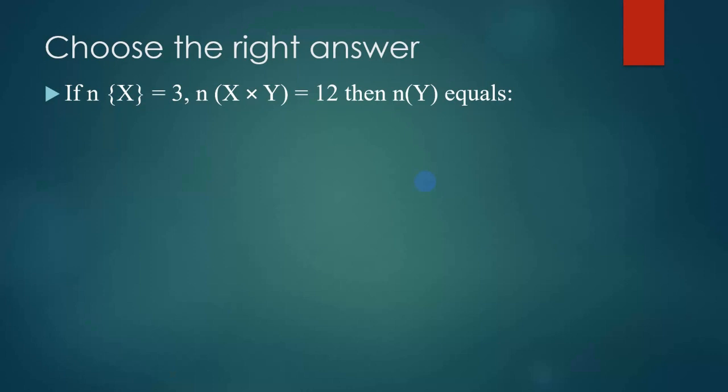That means that y has 4, 9, 15, or 36 elements. Of course, the right answer is 4. Because we already know that n of x cross y equals n of x times n of y. That means that n of y equals n of x cross y divided by n of x. 12 divided by 3 equals 4.